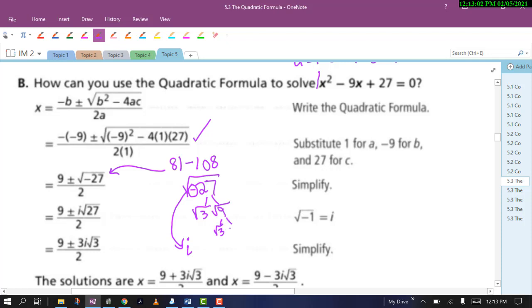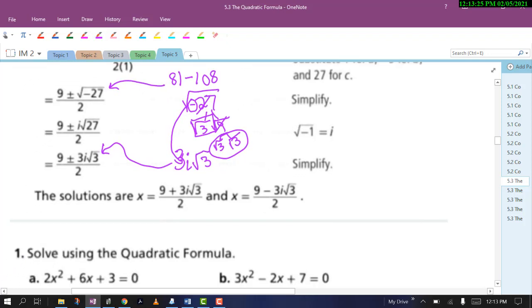So we get 3 3's when we factor 27. So we got a pair. So 1 3 will come outside. Now this 3 does not have a pair. So that's how we got this. And then again, you can write them separately like this. I don't think it matters if you write it like this as well.